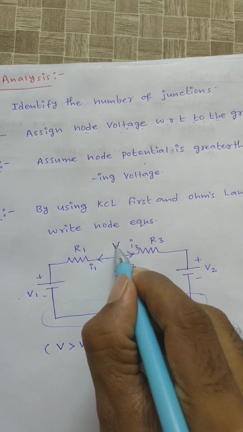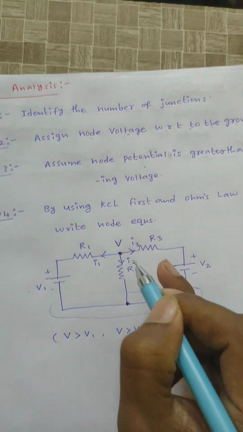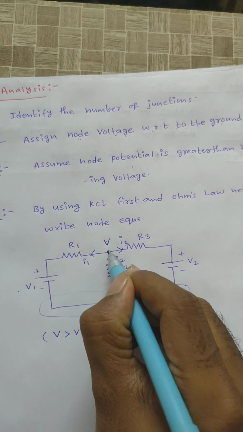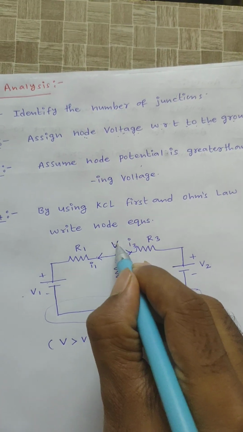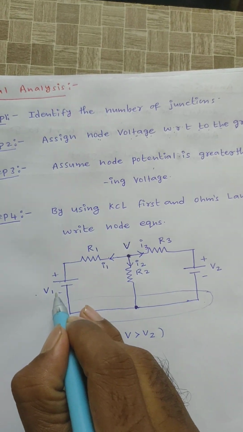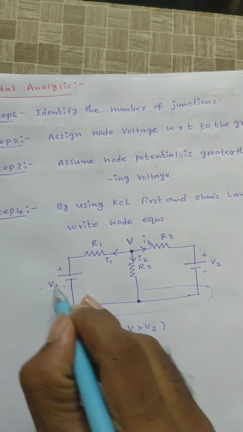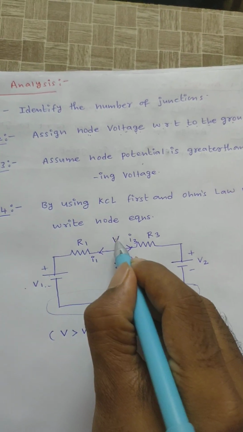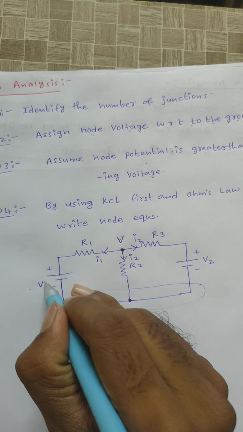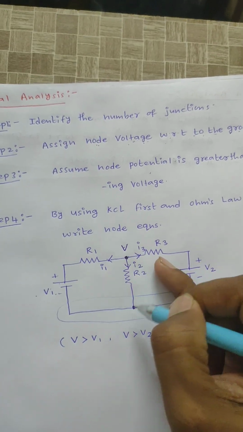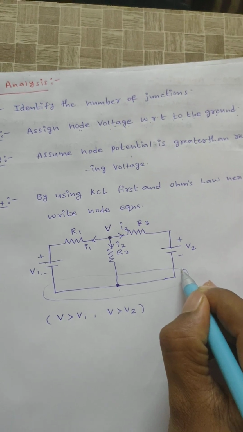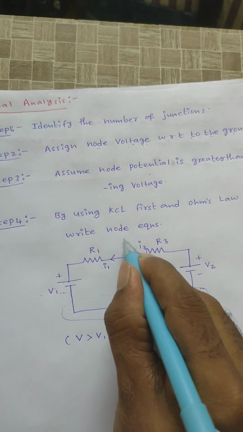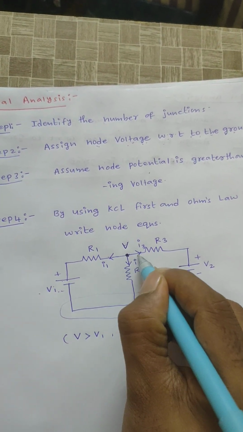My assumed potential is greater than the remaining potentials, so current will flow from higher potential to lower potential. Based upon my assumption, these are the current directions.